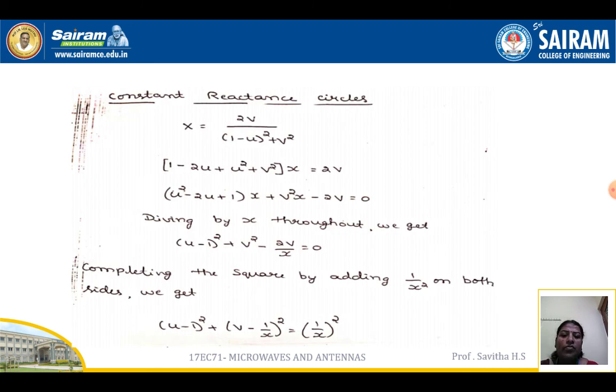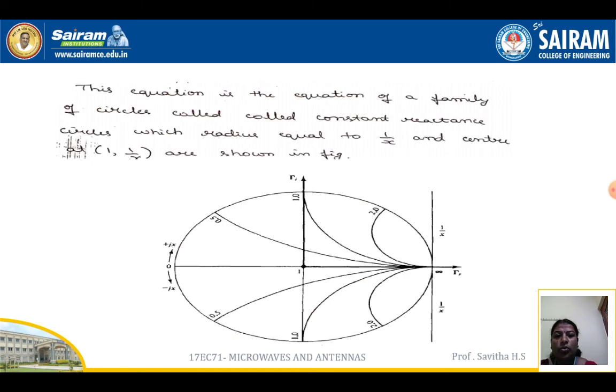And we come to the reactance. Reactance X is equal to 2V divided by ((1 minus U) square plus V square). Again cross multiplying, the term will be (U minus 1) whole square plus V square minus 2V by X is equal to 0. Completing the square by adding 1 by X square on both sides, (U minus 1) whole square plus (V minus 1 by X) whole square is equal to (1 by X) whole square.